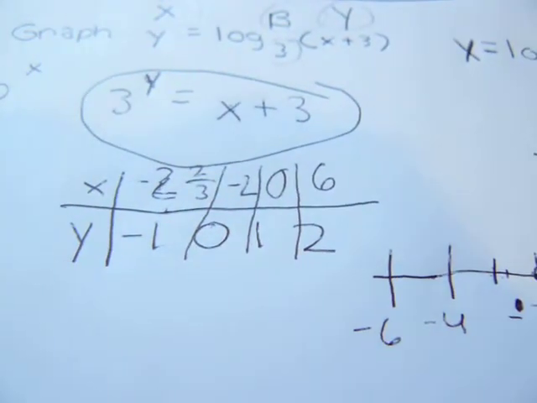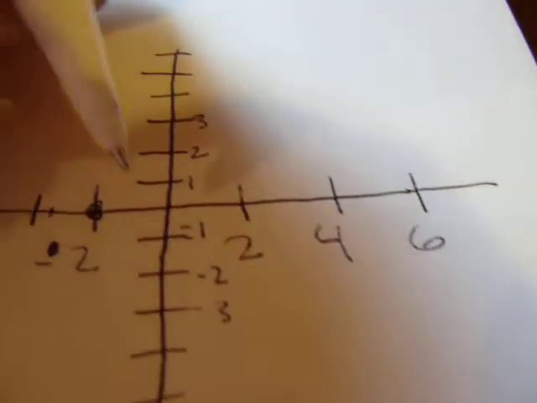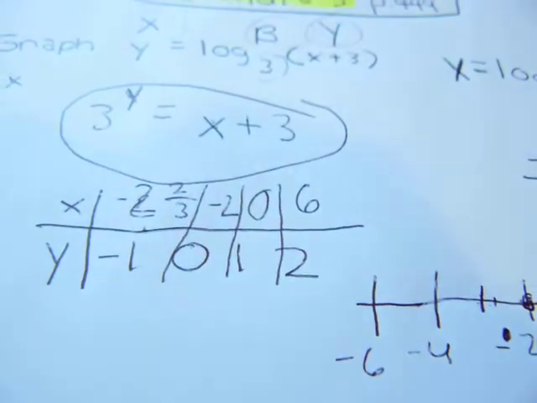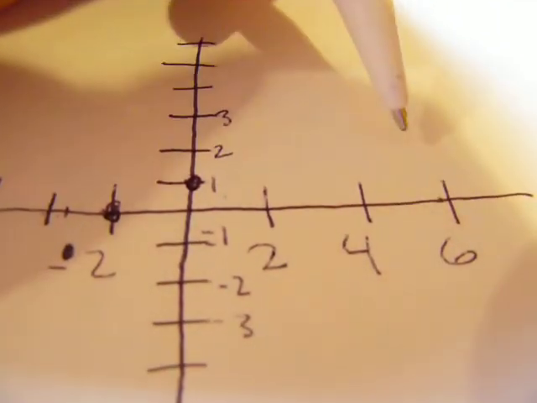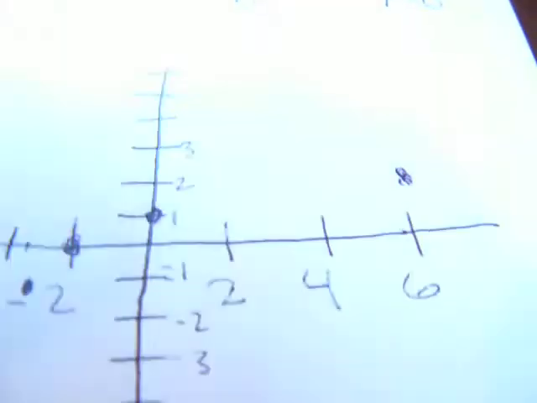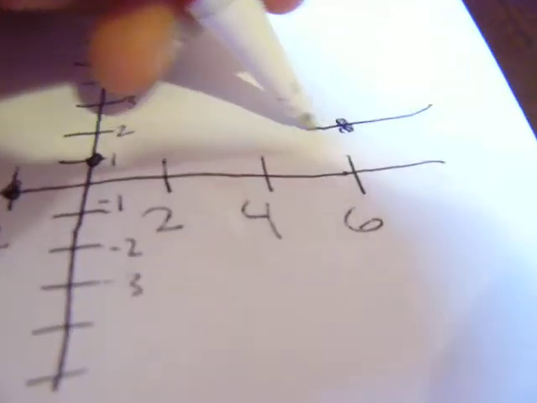Next is 0 and 1. And finally, 6 and 2. And then we have to make the curve.